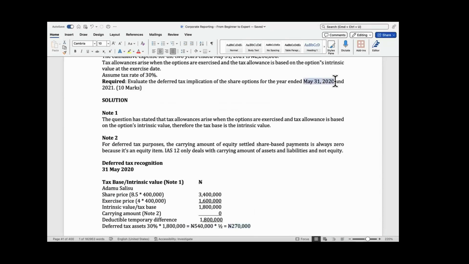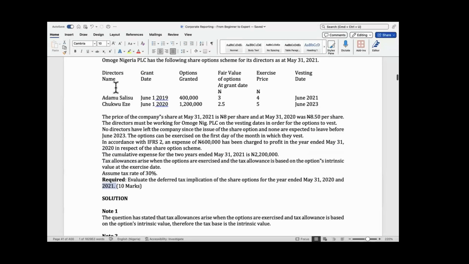Talking about 2020, now in 2021, this second guy has also come in, because he came in 2020. So at the end of 2021, he's already there too.